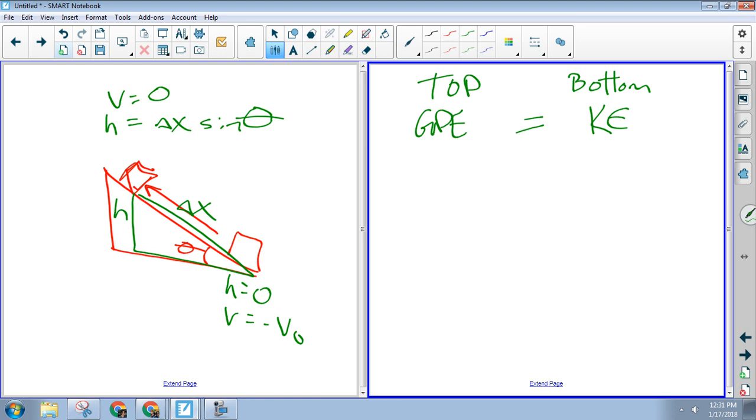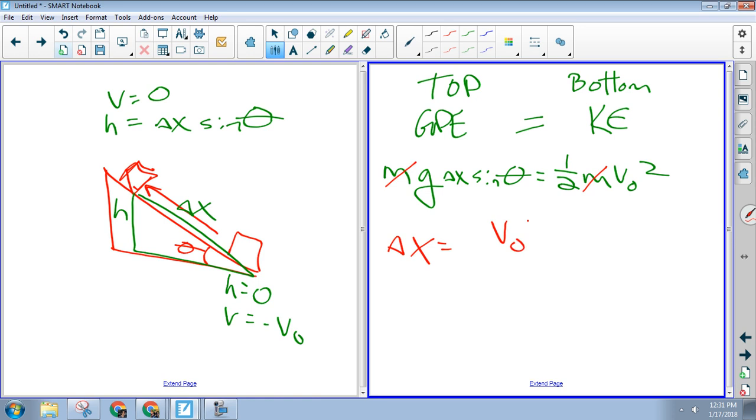All right, so look. At the top, all of our energy is GPE, right? So that's m times g times our height, which is delta x sine theta, equals 1/2 m times v0 squared. The m's cancel. If you solve for delta x, you get v0 squared over 2g sine theta.